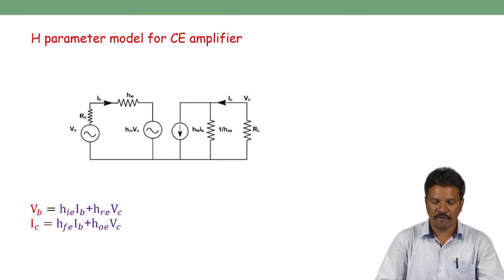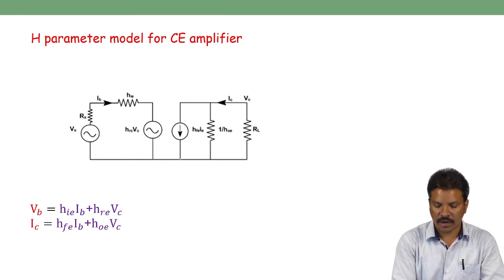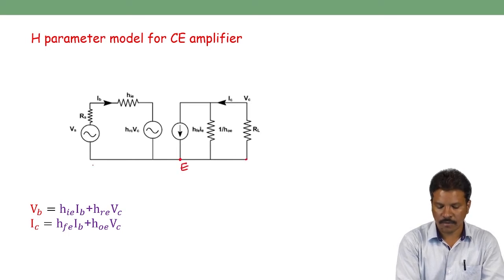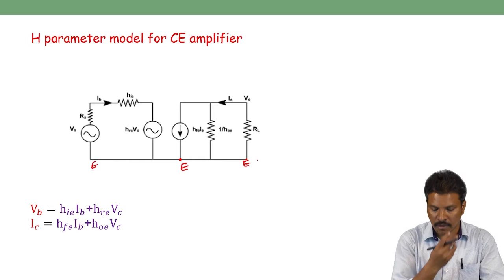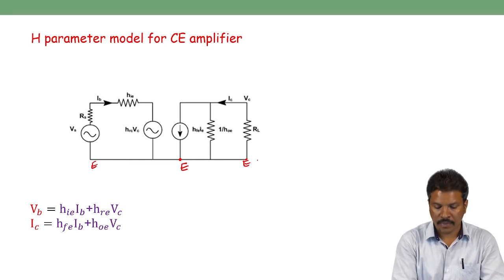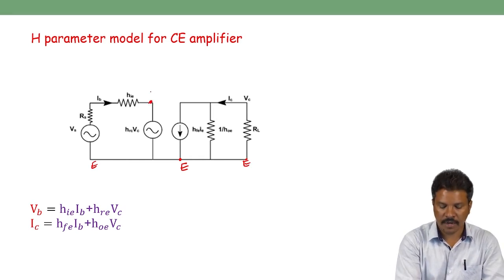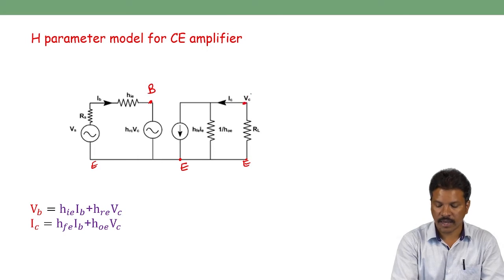In this CE amplifier the emitter is connected to ground, and this is the base terminal, this is the collector terminal.